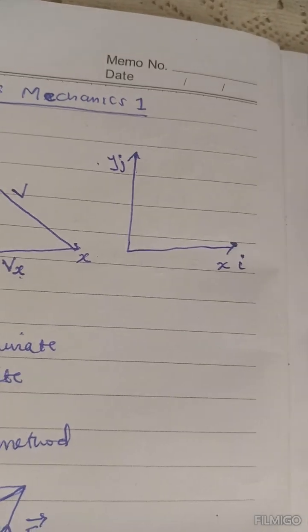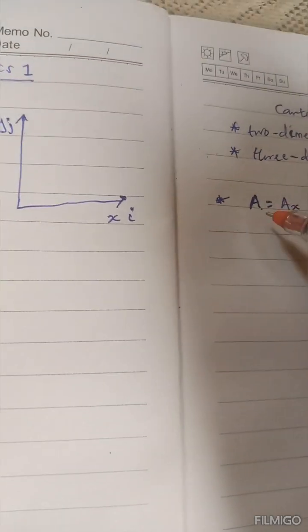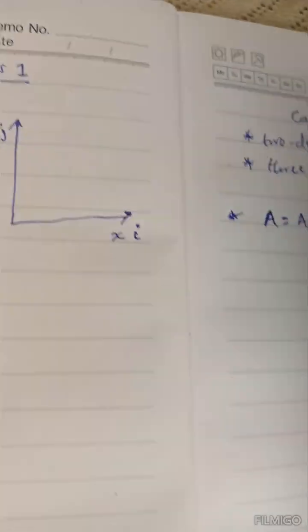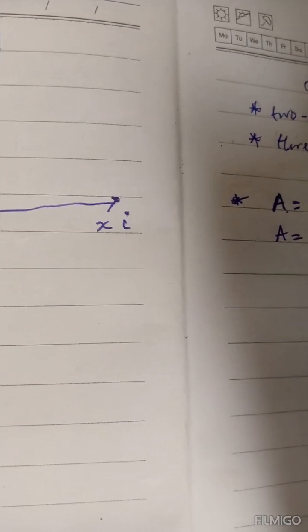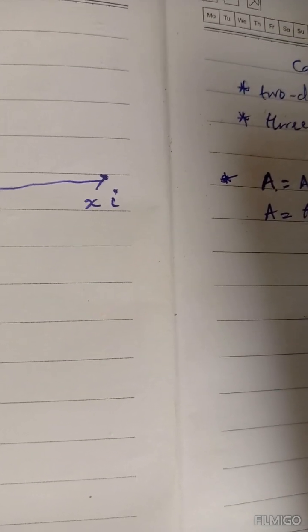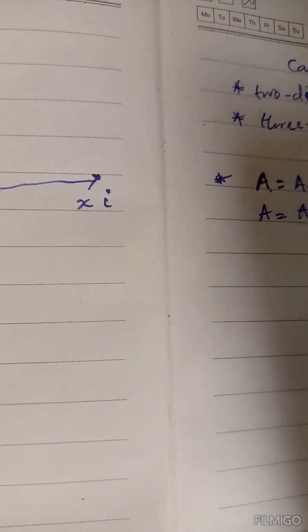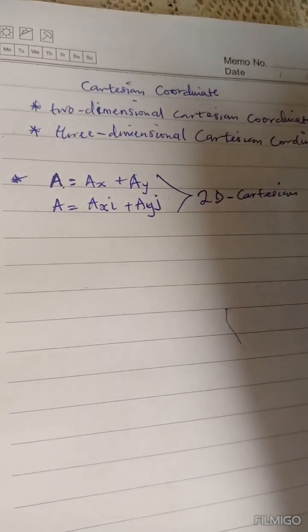So if I'm resolving vector A, then I should have A equal AXi plus AYj. So this is what? Two-dimensional Cartesian coordinates.